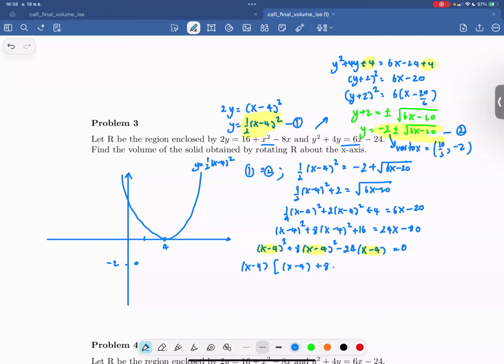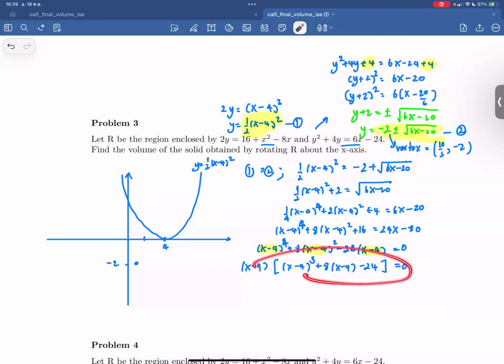Wait, sorry, this one should be power 4. Cube plus x minus 4 and then minus 20.